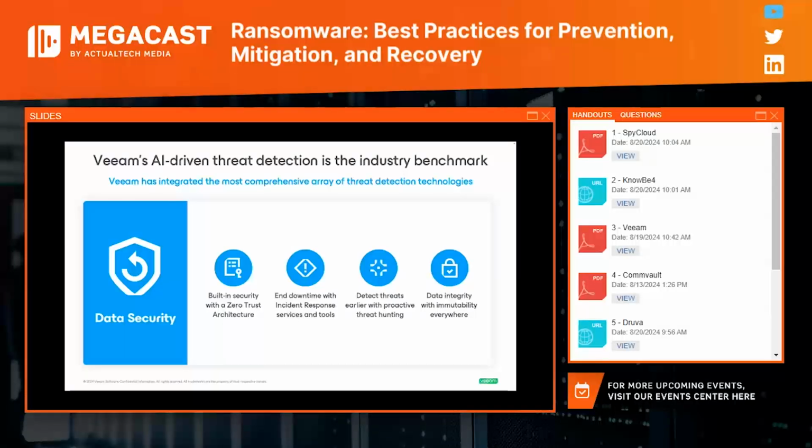But the most important thing is that you have those backups and they're secure, immutable, right? So a zero trust architecture that separates the backup software access from the storage access, that has integration with security tools to help you be notified of things that are going on.